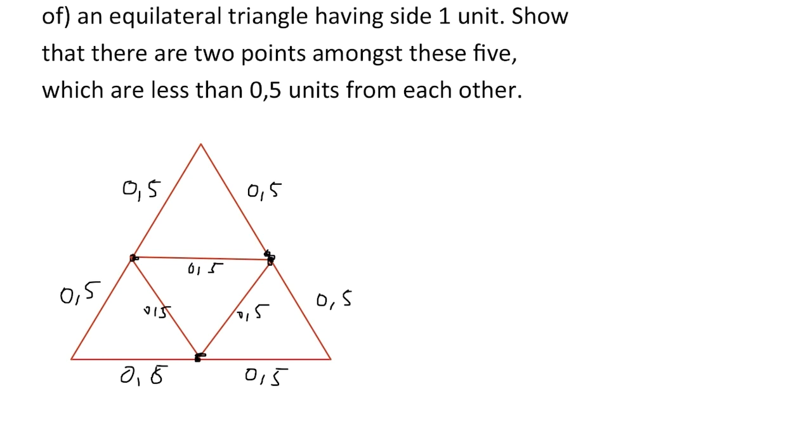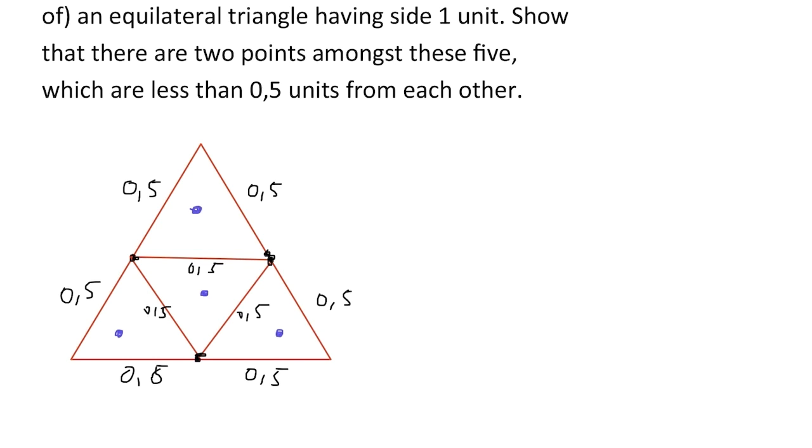Okay, so I can place a point here, use a different color. I can place a point here, I can place another one here, I can place another one here, and another one here. So of these 4 points, it's possible that they will always have a distance between them that is more than a half, because each side of the smaller equilateral triangle is a half.